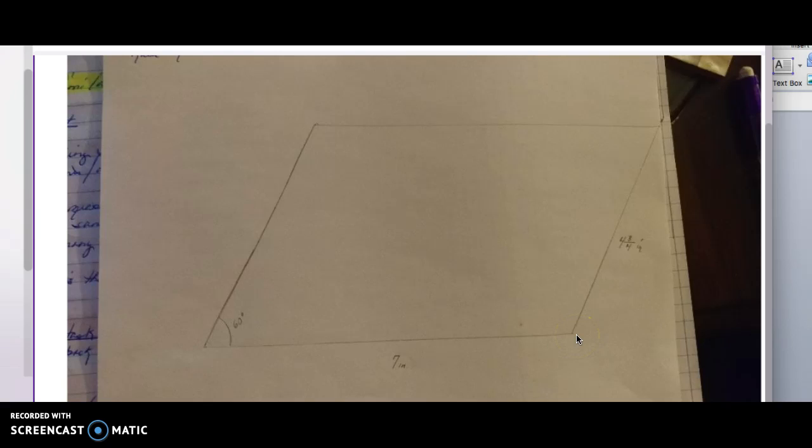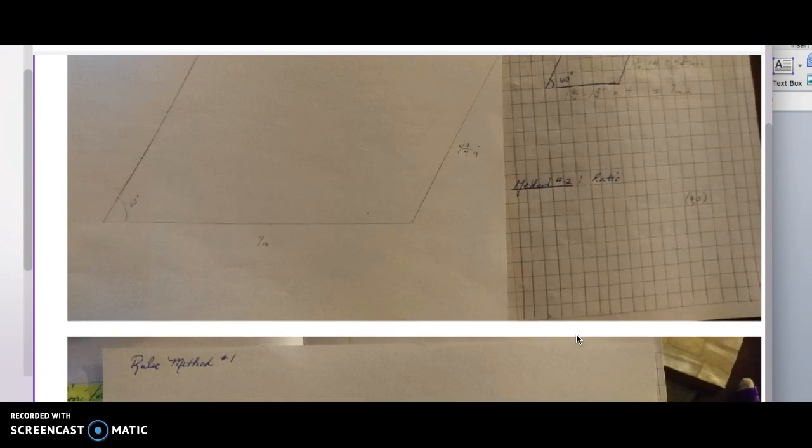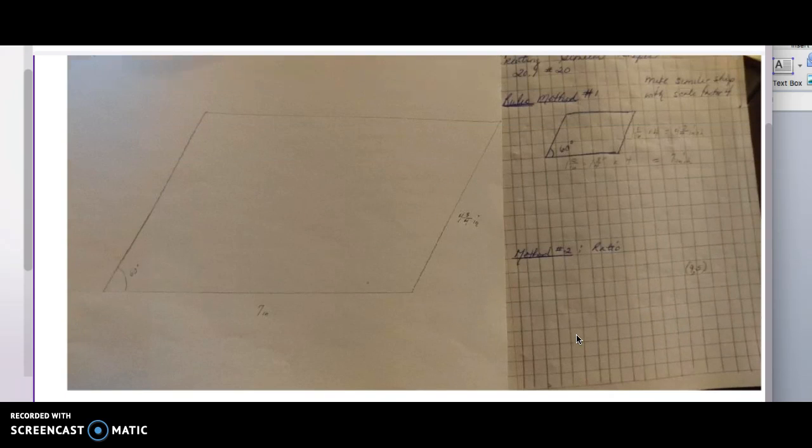And that is a similar parallelogram. So now you can see it together side by side. So here's my original shape, and then here is my similar parallelogram. And they have the same angle measurements of 60 degrees here.